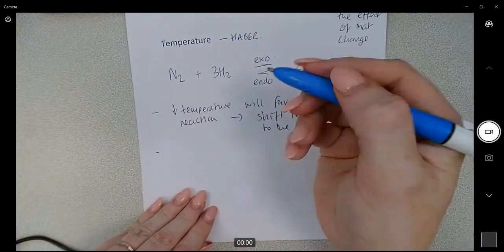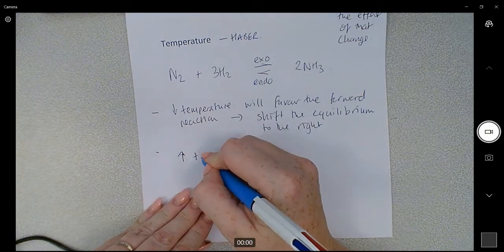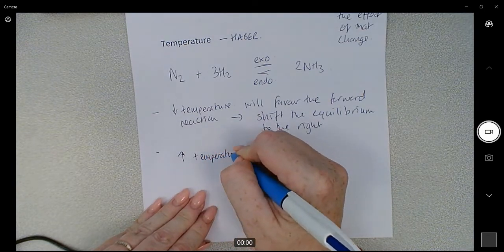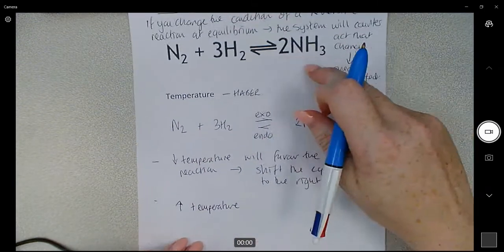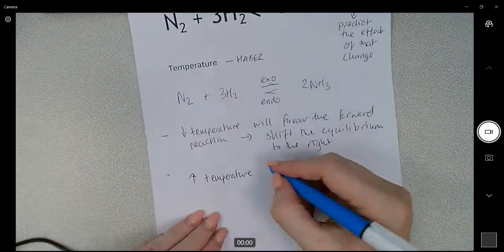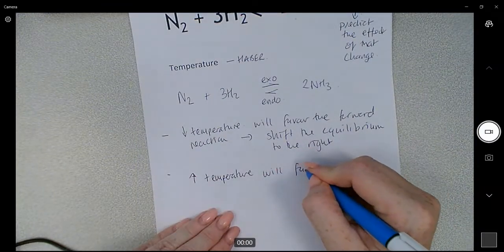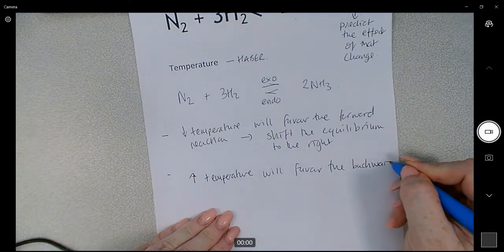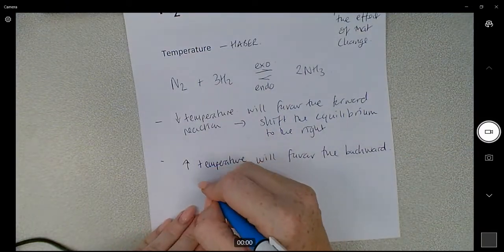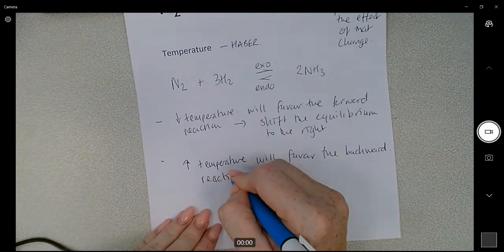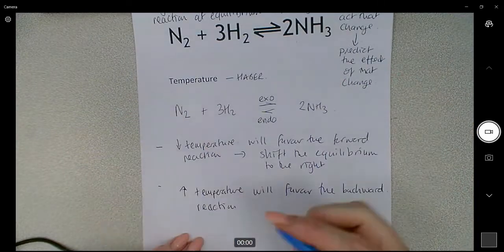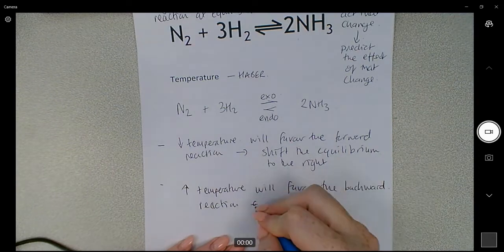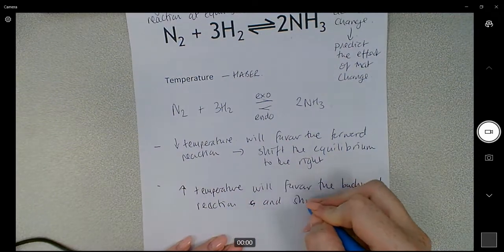And it would be the opposite if I increase the temperature. An increase in temperature is going to favour the backward reaction, and therefore it is going to shift the equilibrium to the left.